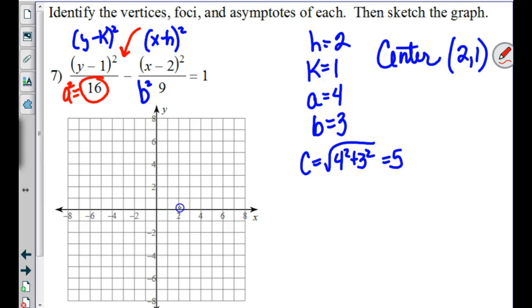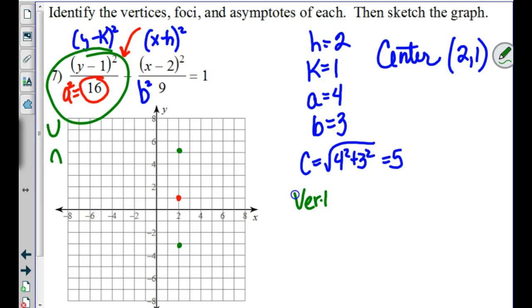Okay. 2, 1 is the center of the box, which is nothing to the graph, but it's the center of the box. Yes, this is underneath the y, so we go up and down 4. Now, are those going to be the vertices or not? When it has the y first, that means it opens up and down, so those are the vertices.